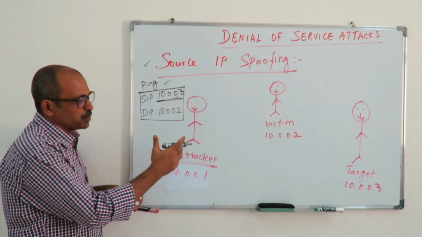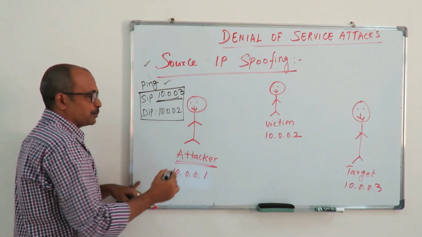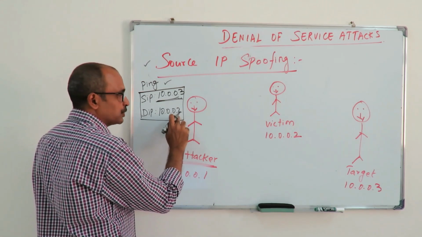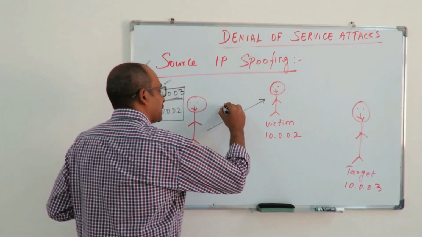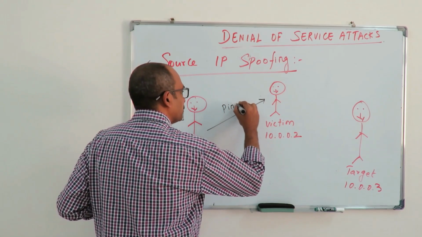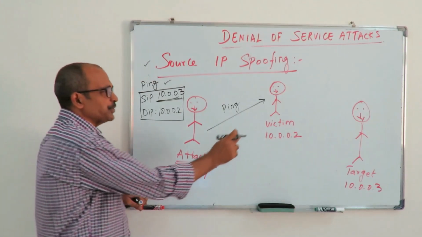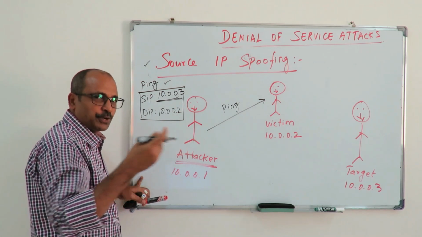So in this case, what is going to happen? This is a ping packet, and it is created like this. The ping packet is now sent to the destination, 10.0.0.2, the victim. Now he is going to give the reply, because for any ping packet you get a reply.